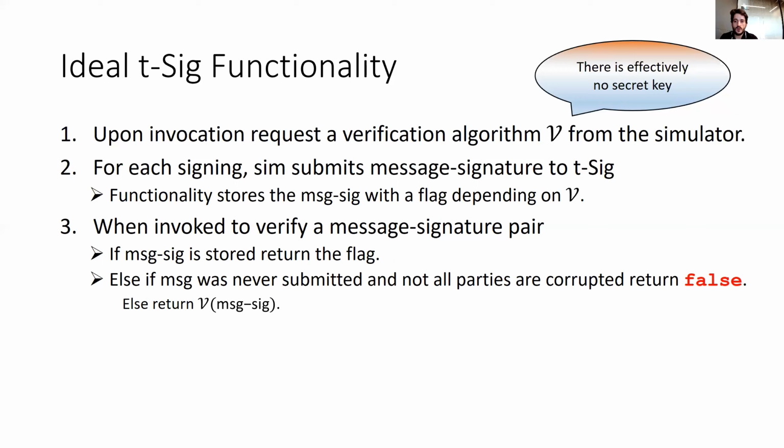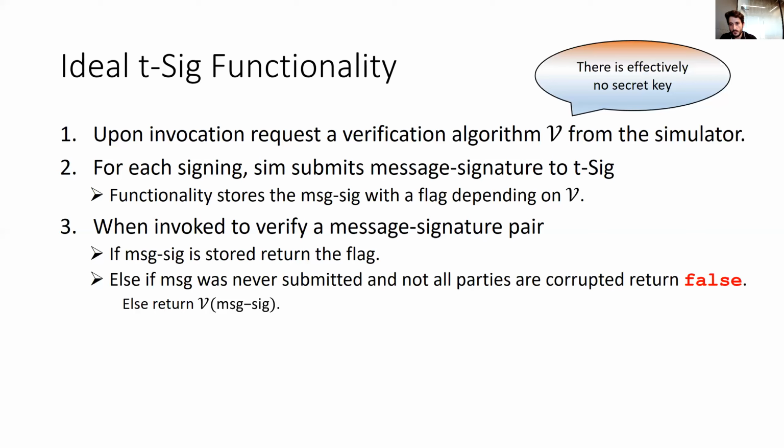So at this moment, I want to pause and emphasize that the functionality will outright reject a message signature pair if it was never submitted. And this is how we formalize the traditional notion of unforgeability in the UC framework. So unless a message was signed by a quorum of parties in step 2, no efficient machine may calculate a valid signature.